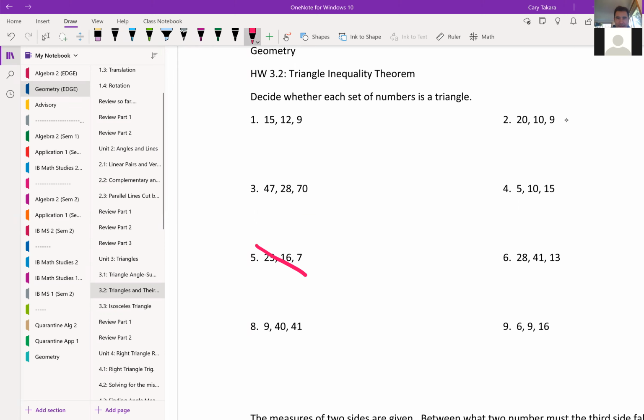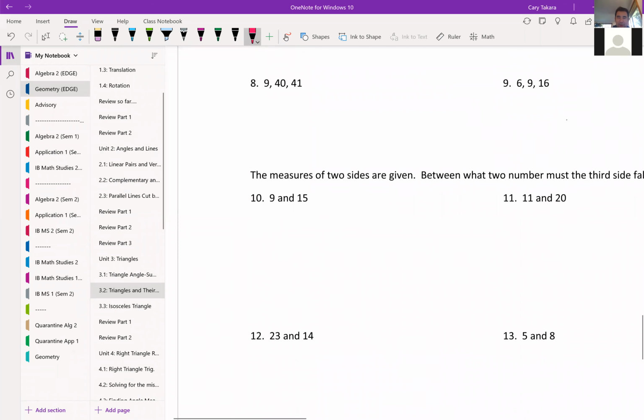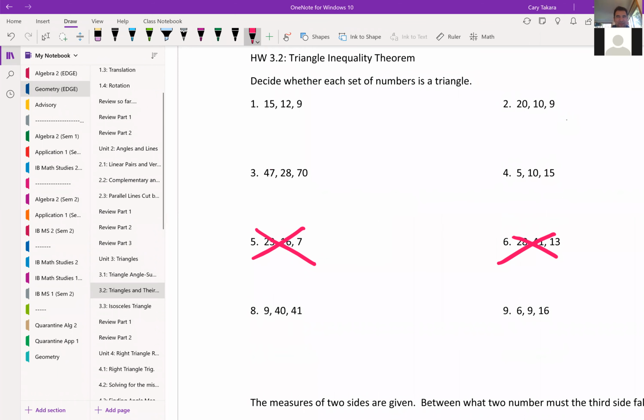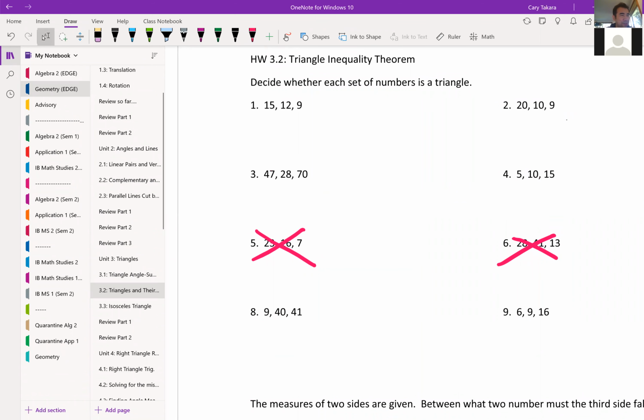Let's see. We are going to skip number 5 and number 6, okay? And then we'll just do those 6 problems, okay? And then there are more, okay? But these will go very quickly, okay?